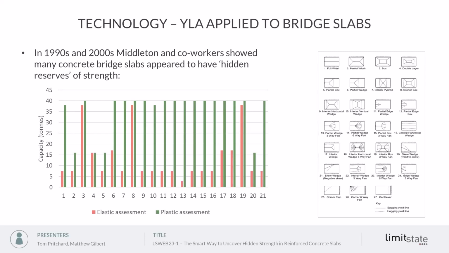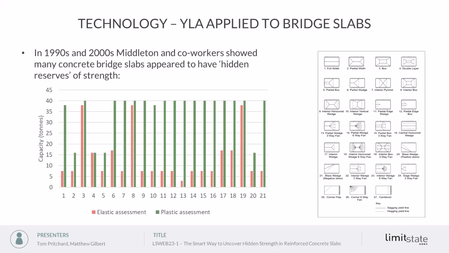Some very nice work was done in the 1990s and 2000s by Middleton and co-workers at the University of Cambridge. They applied the yield line method to a whole series of bridges. You can see the bar chart shown where the elastic assessment indicates the elastic predicted capacity in red.